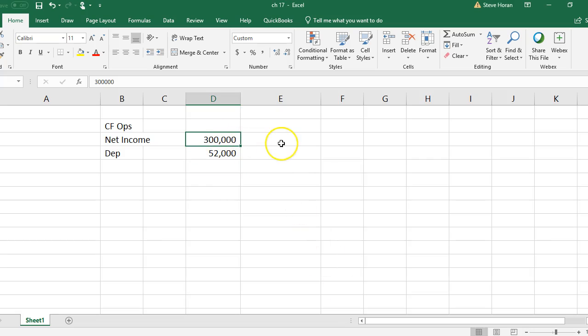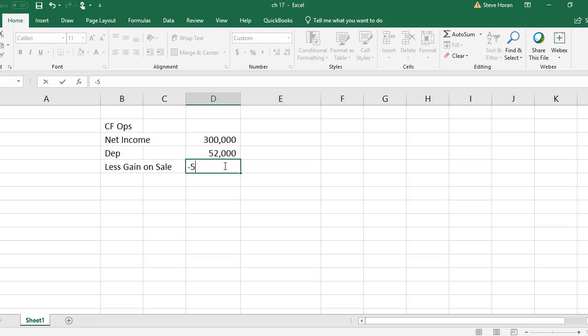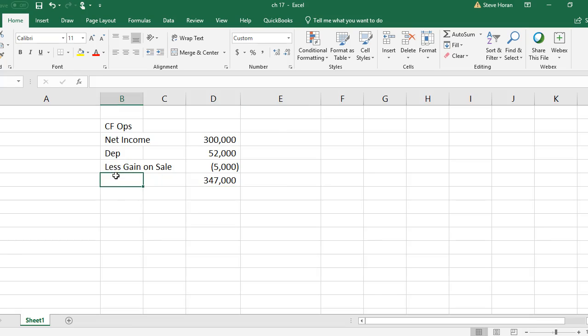So this net income right here of $300 includes a $5,000 gain. However, I don't want this showing here, so we'll do less the gain. I want this showing up in investing instead, so I'm going to subtract $5,000. And then my cash flow from operations is this number right here. Okay, my cash flow from ops is $347,000 even.